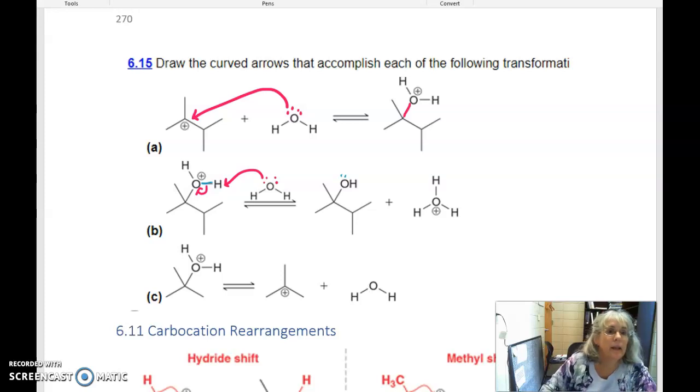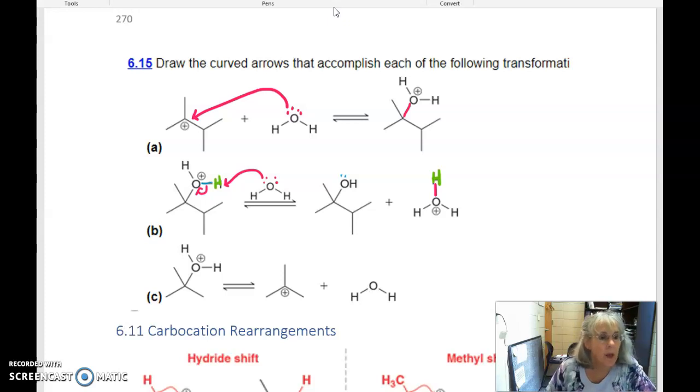And make the hydrogen green. The hydrogen ends up here. And the pink, these pink electrons make this pink bond. And that's a proton transfer.